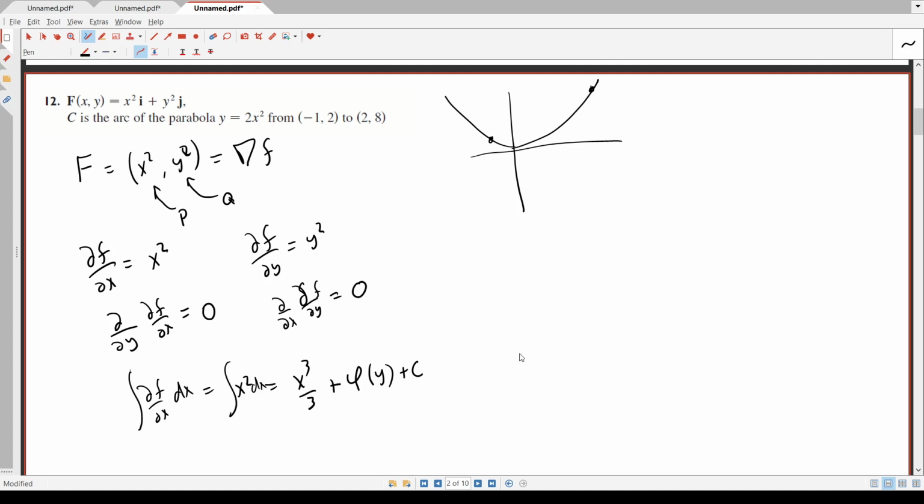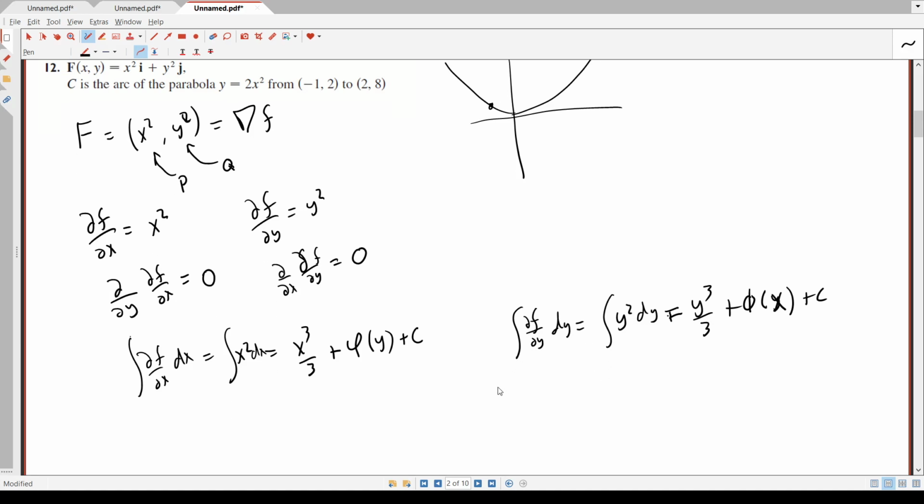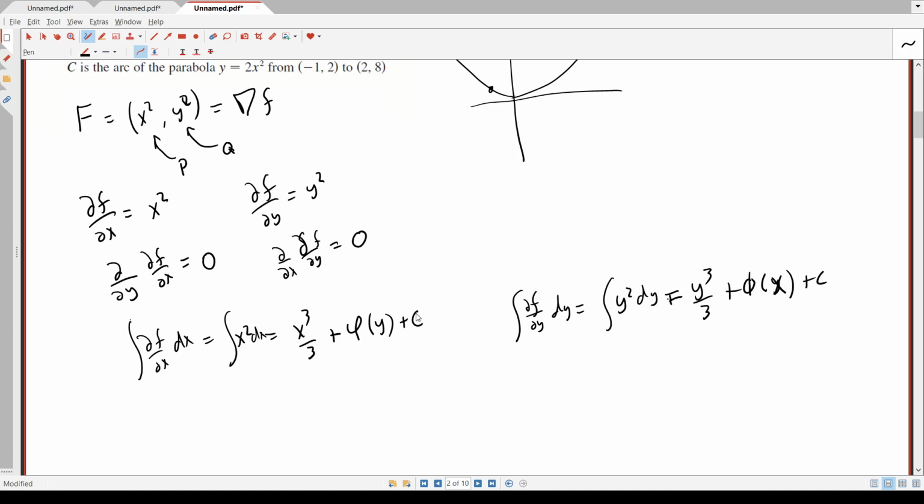And same thing for the y component. So this is the integral of the partial with respect to y, dy. That's the integral of y squared dy, and I get y cubed over 3 plus some function involving x, plus some other constant. Now I'm going to write down any terms that are in both of them.